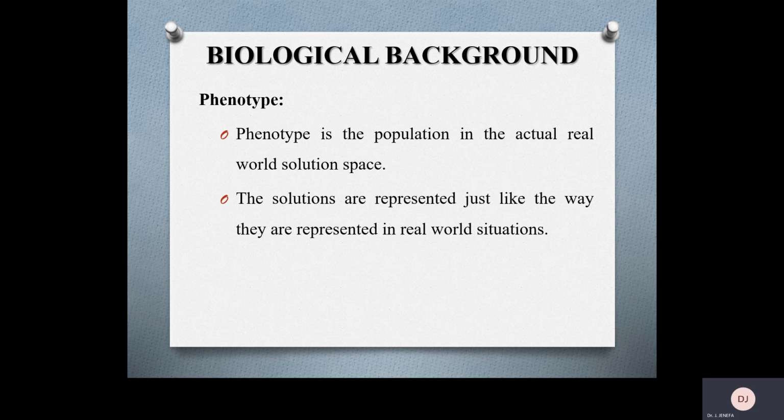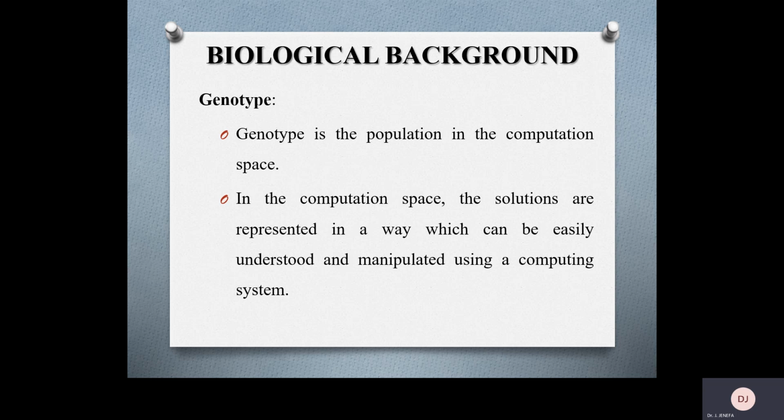How those solutions appear in real world situations, that is known as phenotype, the physical appearance. Whereas genotype is the population in the computation space. In the computation space, the solutions are represented in a way which can be easily understood and manipulated using a computing system.